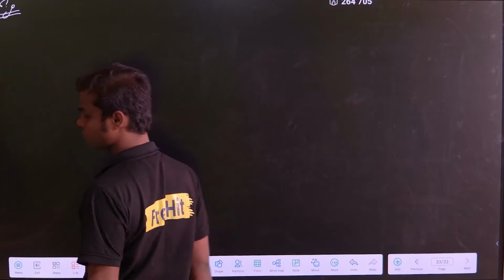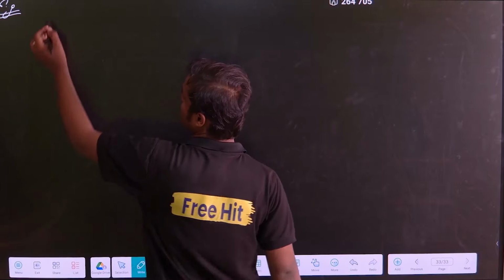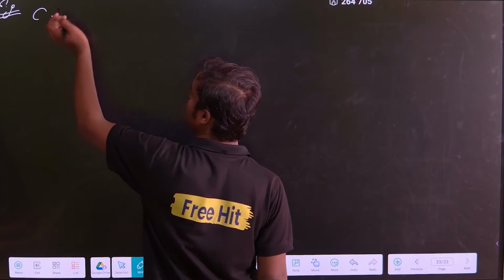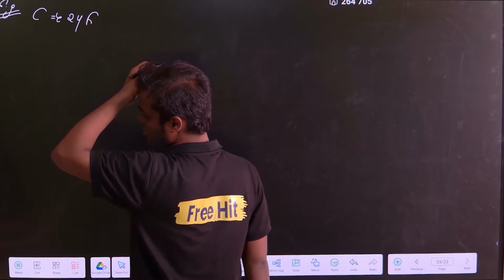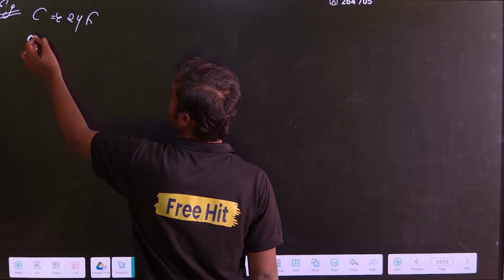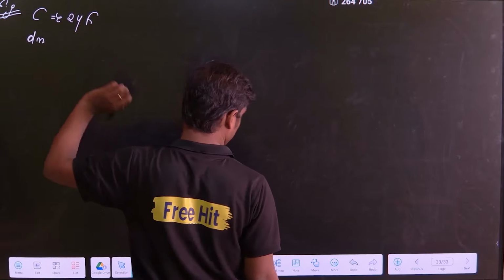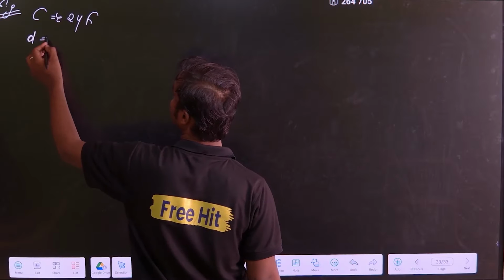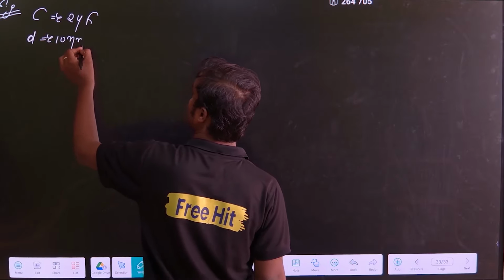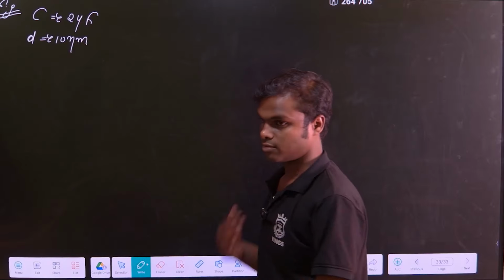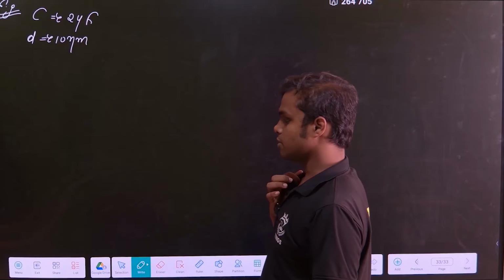Suppose someone has given you a capacitor to make whose capacitance value he told is, suppose, 2 microfarad, and the thing given is that the specification of D is, suppose, 10 nanometer. That is the only thing given.